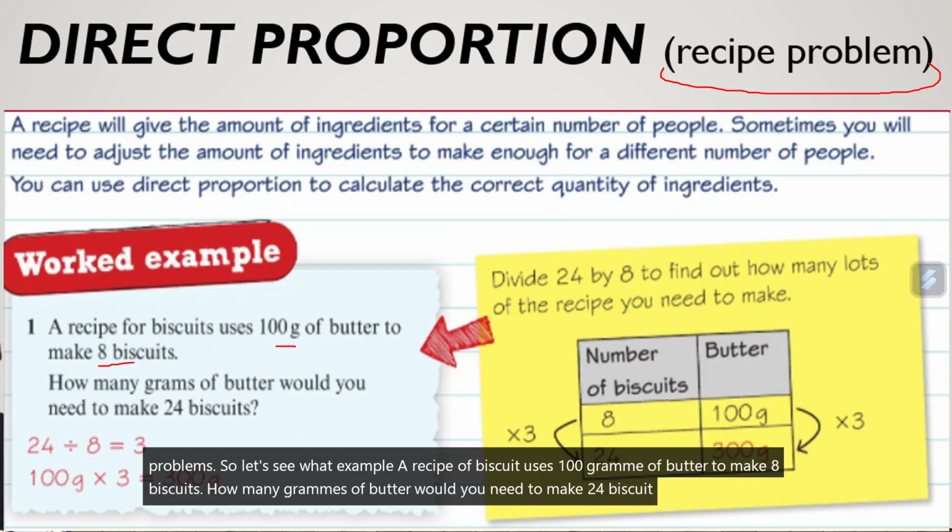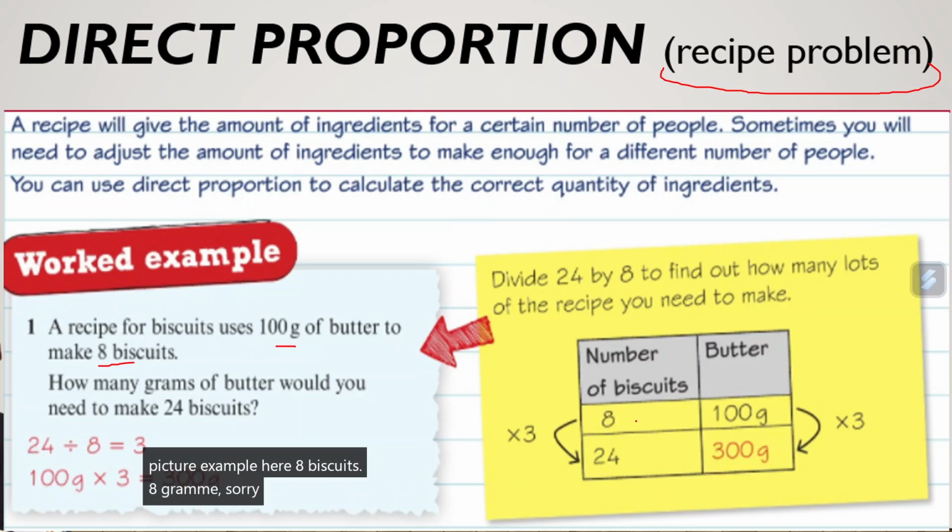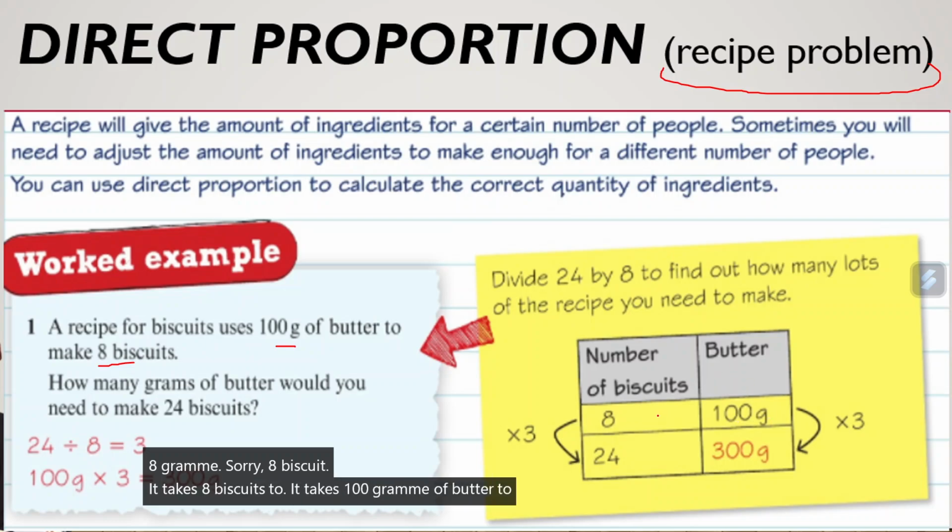As usual, you can see the picture example here, 8 biscuits. It takes 100 grams of butter to make 8 biscuits.